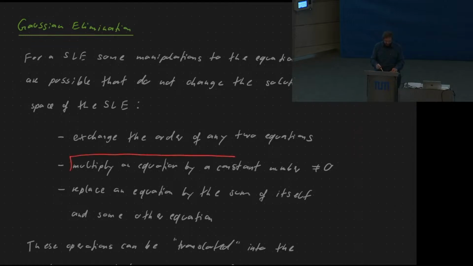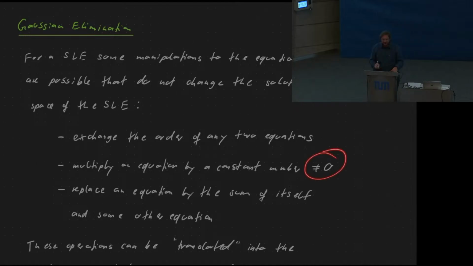What we also did is we multiplied an equation by a constant number. And of course you can do this without changing anything. If you think back to the geometry, an equation corresponds to a line. What matters for this line is basically the direction, right? It doesn't matter how long this direction is. It's just where it points.